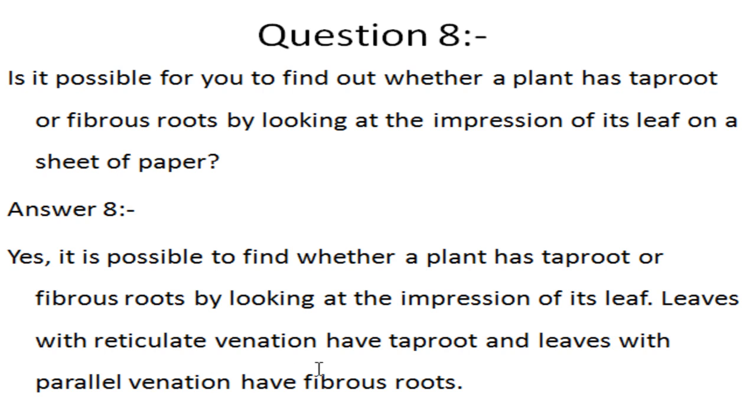Leaves with reticulate venation have the taproot, and leaves with parallel venation have the fibrous root. So we can find out which plant has taproot or which plant has fibrous root by just looking at the veins of the leaves of the plant.